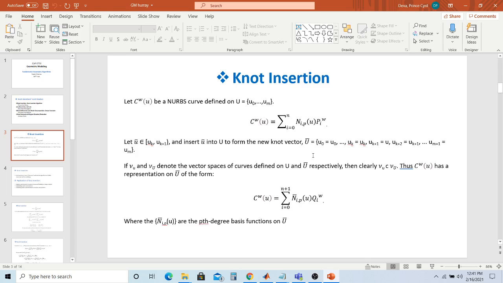If V_U and V_U' denote the vector spaces of the curves defined on U and U bar respectively, then clearly C^w(u) has a representation on U bar of the form C^w(u) = summation i = 0 to n+1 of N bar_{i,p}(u) Q_i^w, where N bar_{i,p}(u) are the pth degree basis functions on U bar.